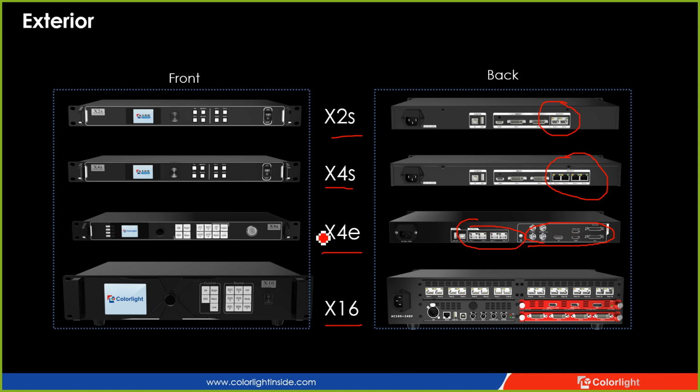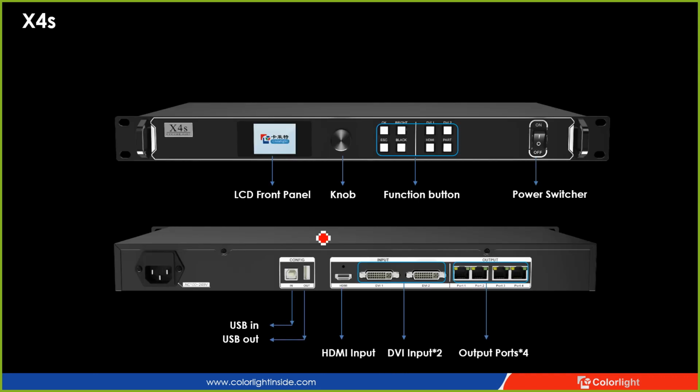Okay, let's look into the details. This is X4S, and from the front side, we can see the LCD front panel with a knob. This is to change settings easily without a PC. And here we have the input switch buttons.